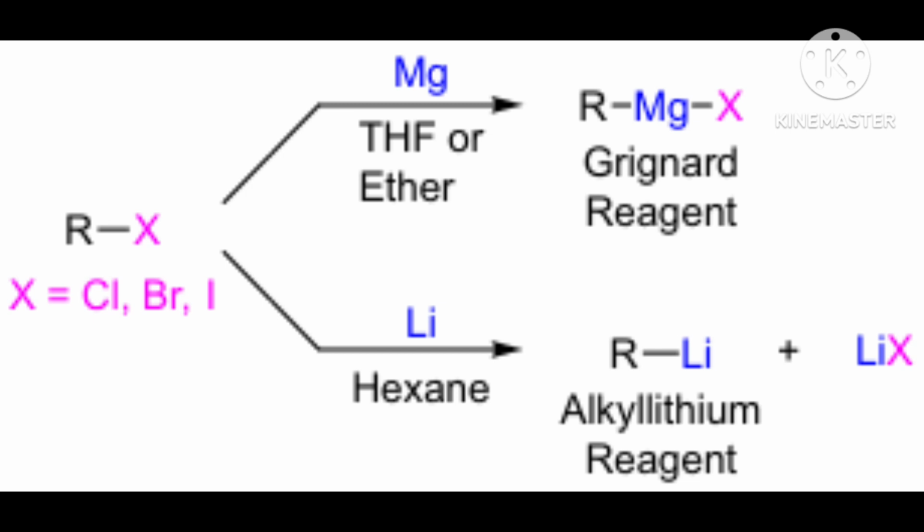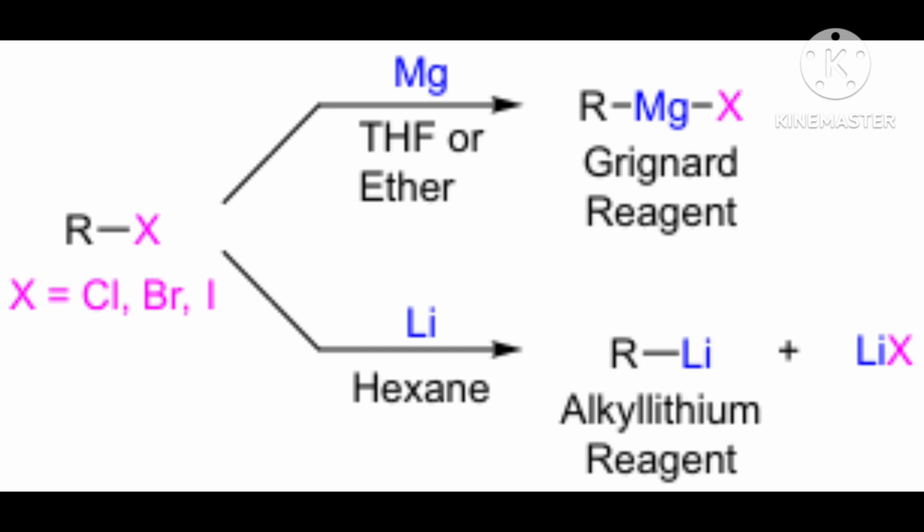Then the bromide ion, which was getting electron through the ethyl group, will now come towards magnesium, because magnesium can easily give electron to bromine. Then bromine will break the bond with the ethyl group, means the carbon and bromine bond will break.